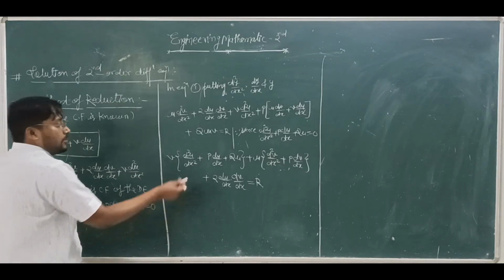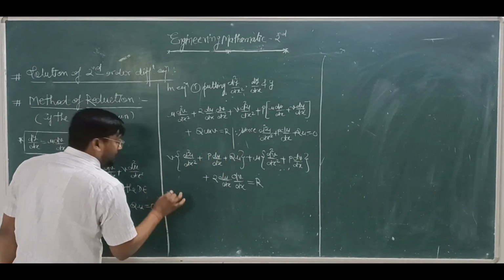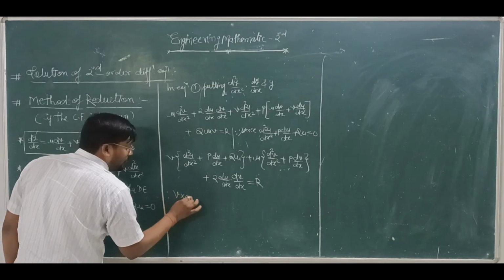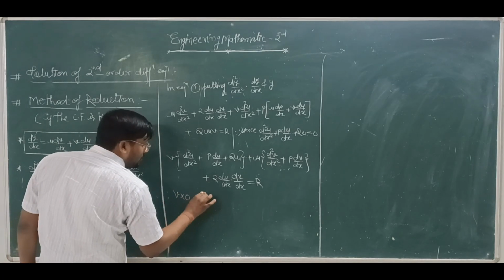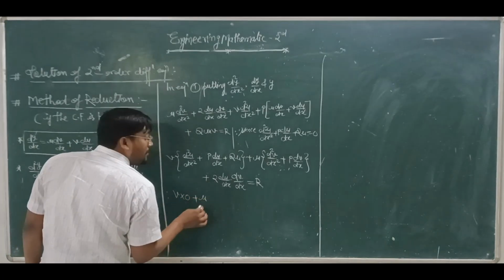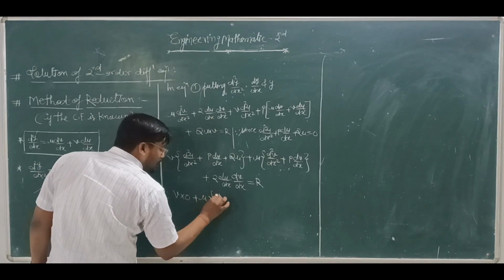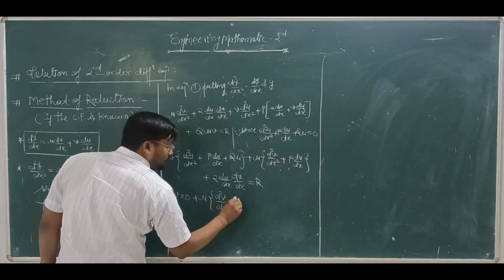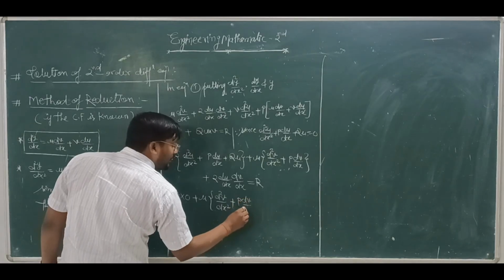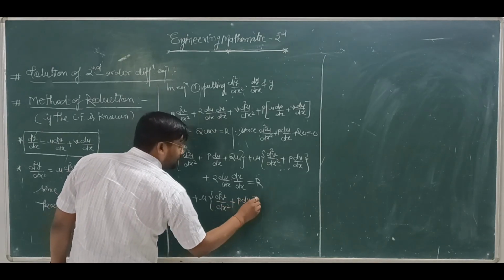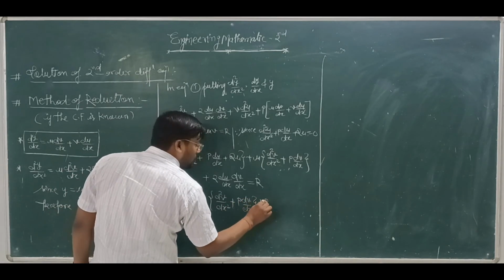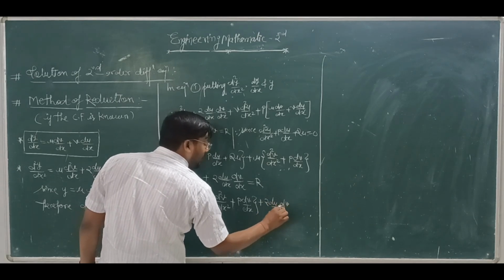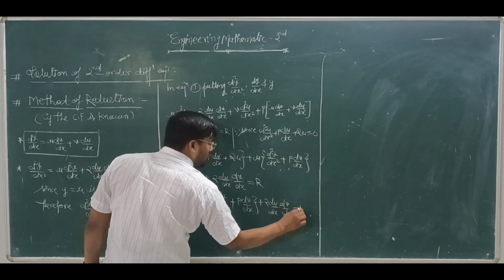Now put this value equal to 0, you can write 0 in v into 0 plus u d2v of dx2 plus p dv of dx plus 2 du of dx into dv of dx is equal to r.